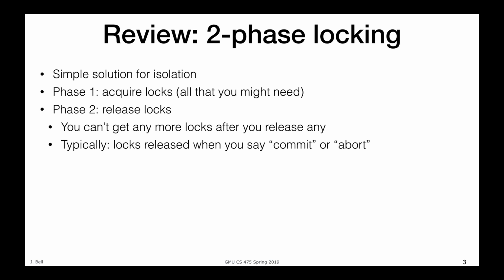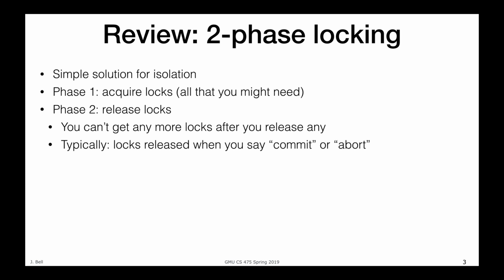Remember that in two-phase locking, we split all of our locks into two key phases. The first was acquiring locks, and the key thing there was that we need to acquire all of the locks that we could possibly be using, because once we finish acquiring locks and we start doing our work, we can't get more. And then in the second phase, we release the locks.